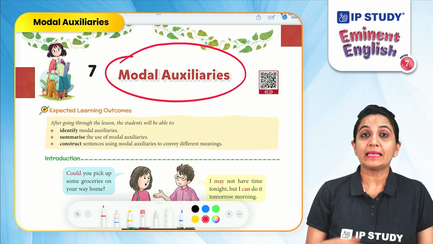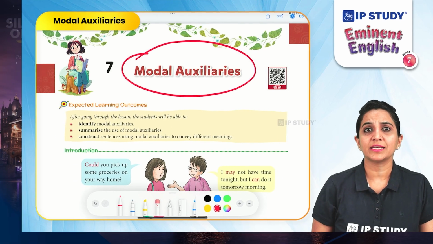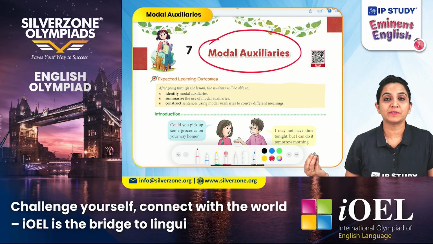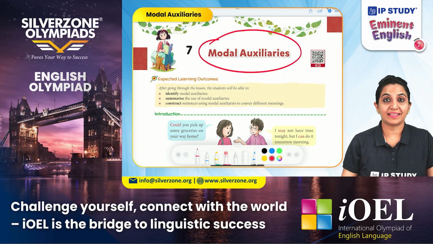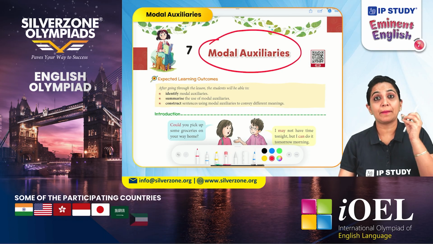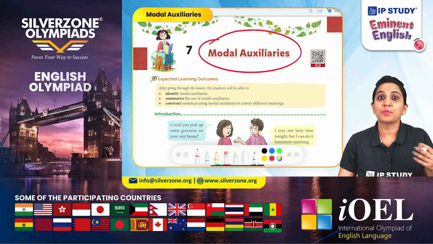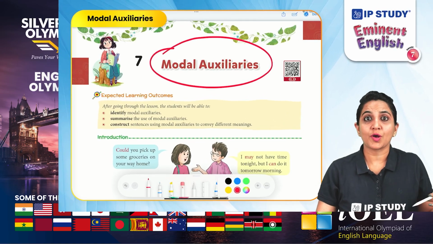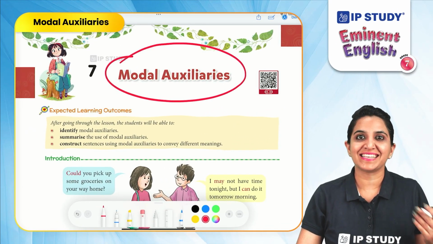That means they help us to understand the mood and the attitude of the main verbs in the statement. They help us to understand the statement's ability, sometimes possibility of things, permissions, obligations, and necessity.